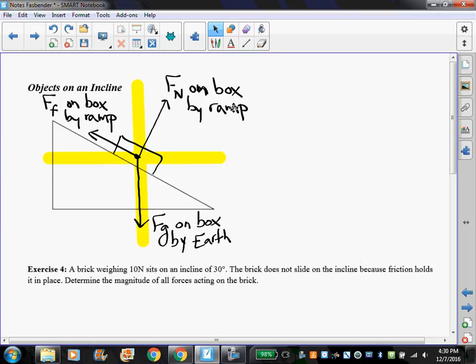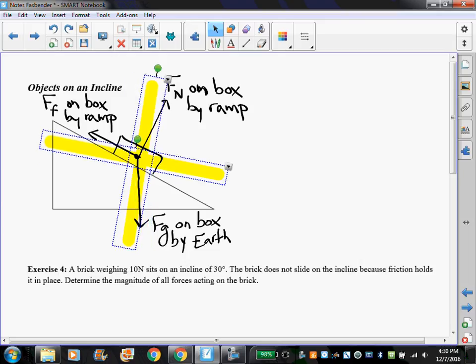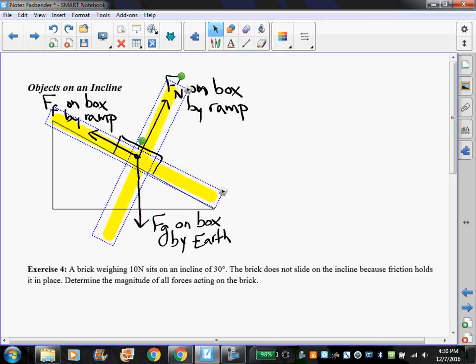We have a trick, and let me tell you what that trick is. We are going to use our knowledge that the normal force has to be perpendicular to the ramp, and the force of friction has to be parallel to the ramp. And we are going to align our x and y axes with that normal force and friction force.